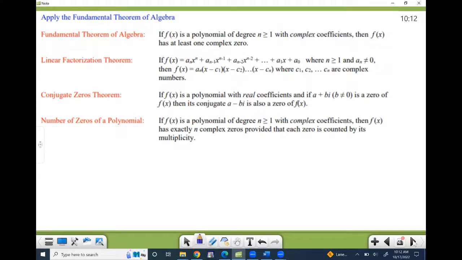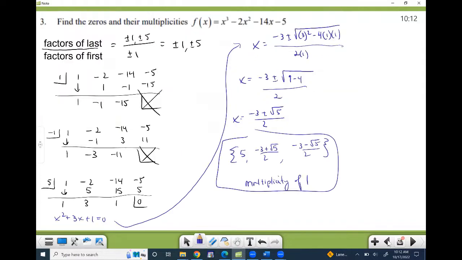Okay, so we have these theorems. I'm trying to think about which ones we're going to use the most. We're definitely going to use these 2. We have been using these, at least the bottom one. The number of zeros is the same as the highest exponent, right? As long as you count the multiplicity. That's what we've been doing every time when we've said, okay, there's 1, 2, 3, and my highest exponent is 3.